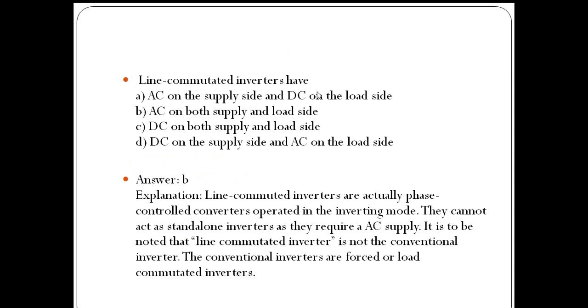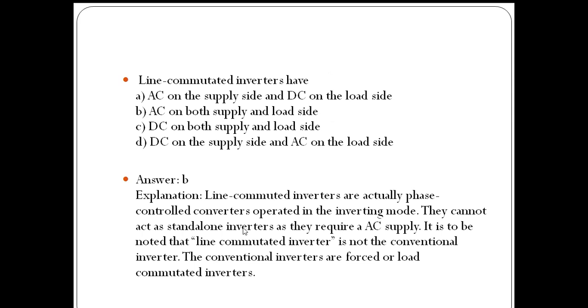The line commutated inverters have: AC on supply side and DC on load side; AC on both supply and load side; DC on both supply and load side; DC on supply side and AC on load side. Line commutated inverters require AC on both load and supply side.